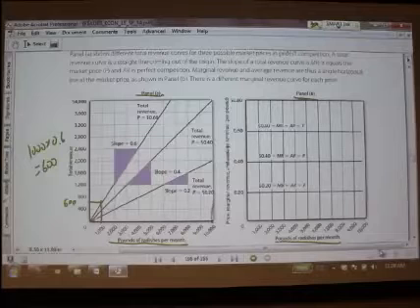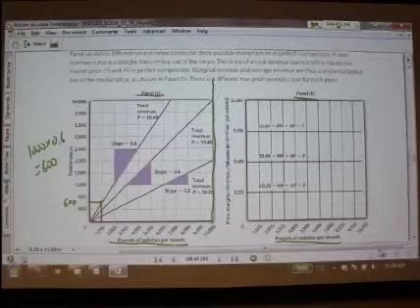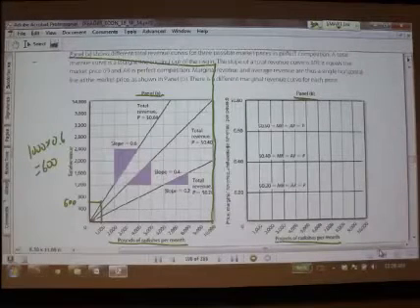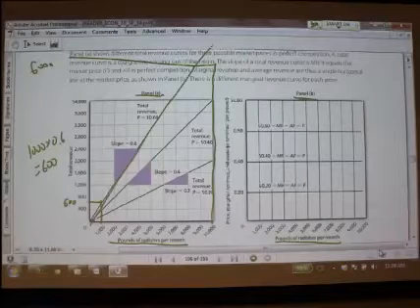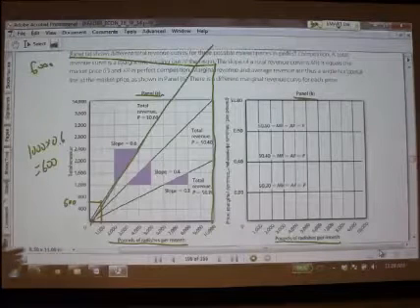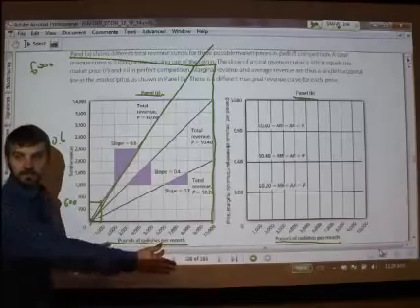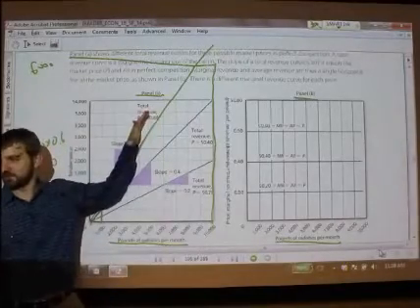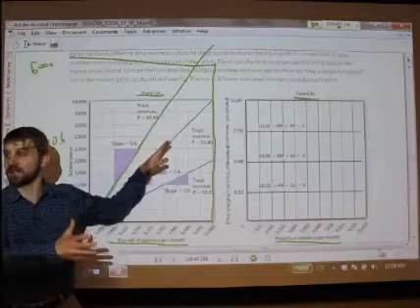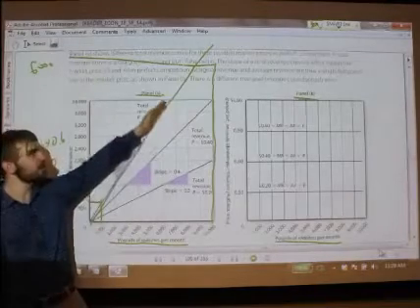At 10,000, if you could see this, it would be up here around 6,000, right? So this is just a straight line showing total revenue at various quantities. And because the price is constant, these are straight lines. So this is not supposed to be complicated at all. This is supposed to be really simple. Total revenue is just a straight line.